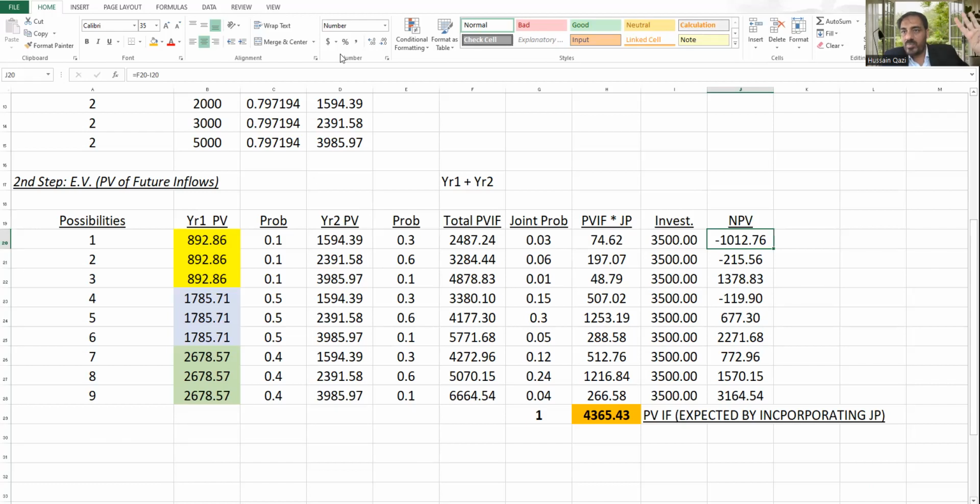We have done the joint probability. That is one particular piece of information I'm considering here. Let's see how many possibilities there are for a negative NPV. Negative NPV: 1012.76 with a chance of 3%, 215.76 negative with a chance of 6%, 119.90 with a chance of 15%.